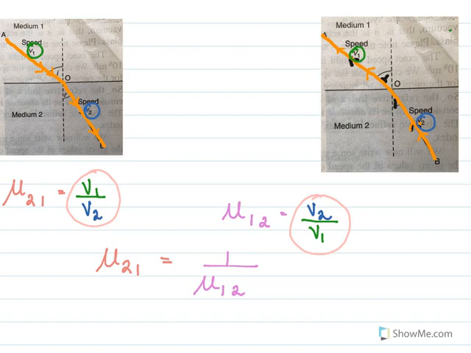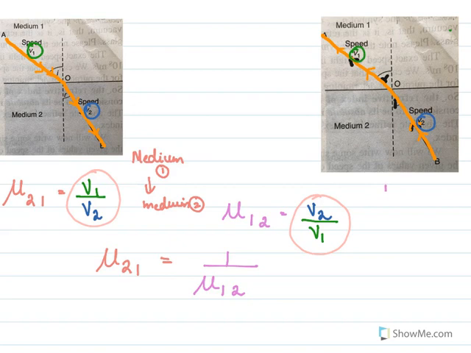In the first case, the light traveled from medium 1 to medium 2, so we measure the refractive index of 2 with respect to 1.